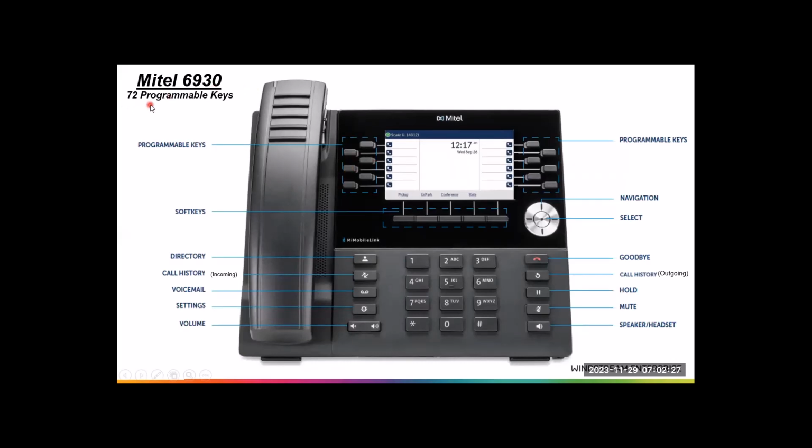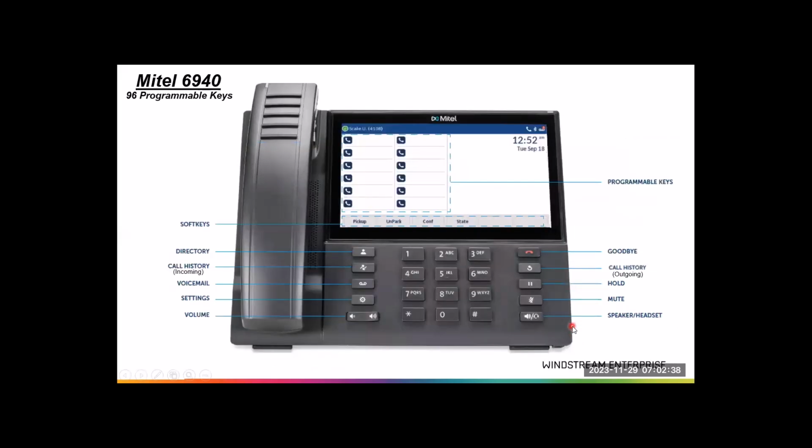But your soft keys, the navigation key, and the fixed function keys are exactly the same with the rest of the Mitel 69 series phones. With the 6940, if you notice, the soft keys are now touchscreen, same with the programmable keys. You will be using the touchscreen to activate those buttons.